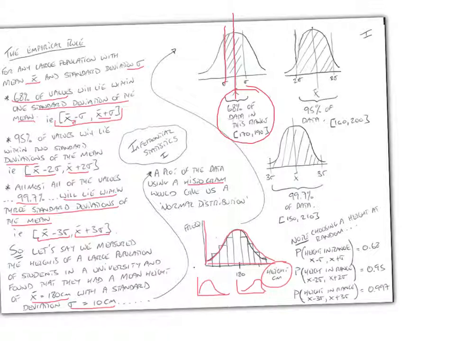Okay, and so basically just to recap there, if we were to take a piece of data out, the probability that that piece of data or that height would be within one standard deviation of the mean would be 0.68, or that height would be in the range of the mean plus or minus 2 standard deviations is 0.95, or the probability that any height I took out would be in the range the mean plus or minus 3 standard deviations would be 0.997.